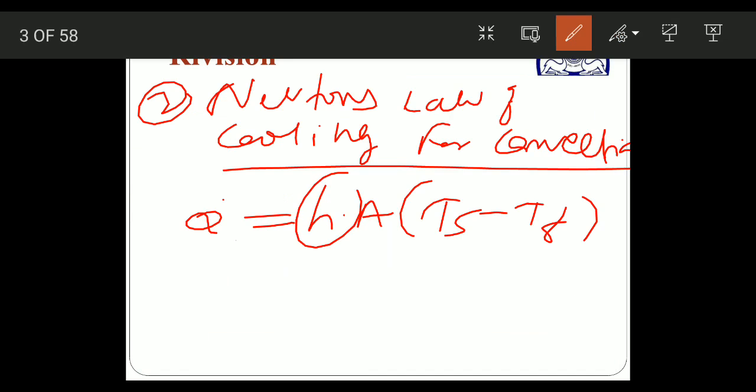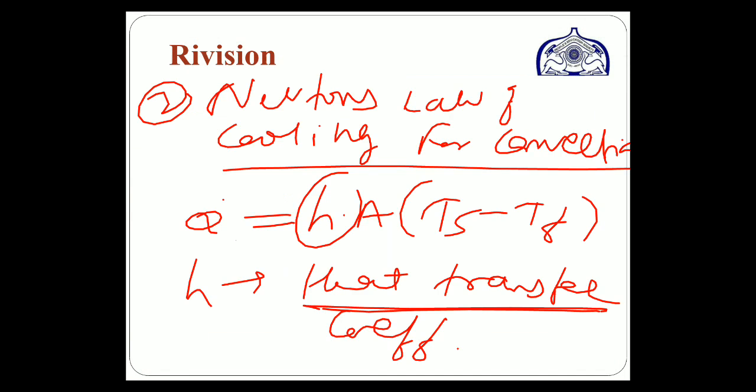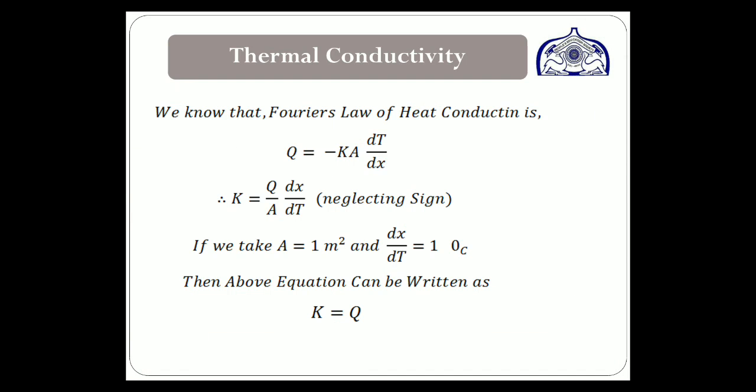What is this h? h is the heat transfer coefficient. We have to see in detail what this heat transfer coefficient is, what its unit is, and what the different characteristics of this heat transfer coefficient are. And we also studied the third law, for radiation, that is the Stefan-Boltzmann law. Now let us start with today's lecture.